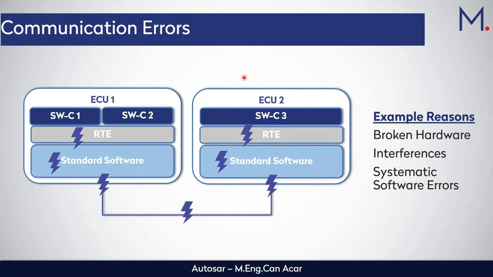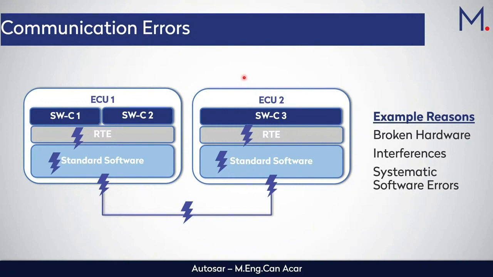The RTE in an ECU can also originate from network communication modules such as COM and CAN. And all or part of the message may not be received at the timeout.